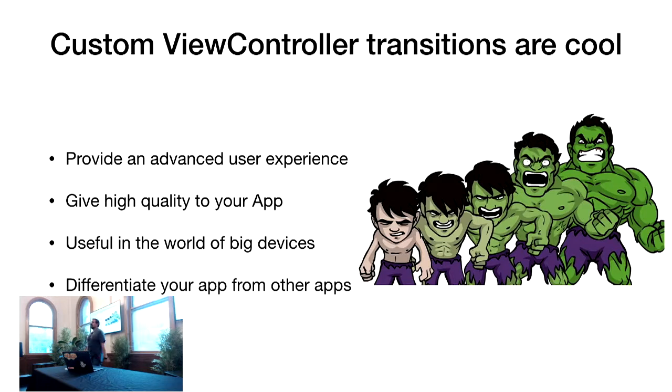If you add interactive transitions, which are a complementary part of the custom transitions, that allows you to connect a gesture recognizer with the presentation and the dismissal, and that actually makes it much easier to dismiss view controllers if you can just swipe down. And all this stuff differentiates your app from the rest of the apps in the App Store.